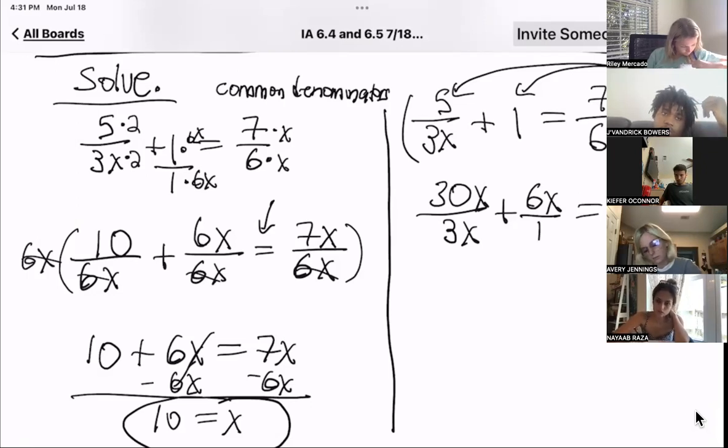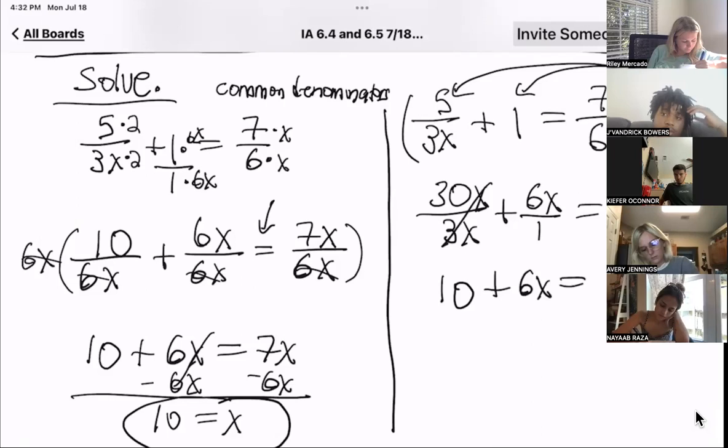And what happens is you actually get rid of your fractions because they're going to simplify. 30 divided by 3 is 10. X is gone. Plus 6x equals 42 divided by 6 is 7. And look, we have the same equation on both sides.